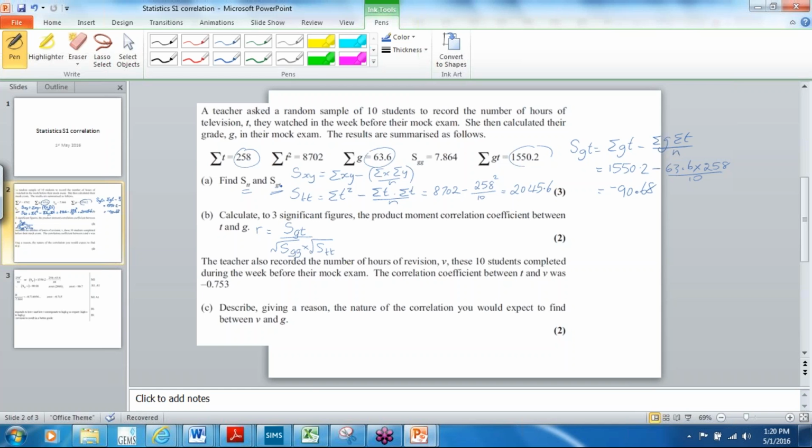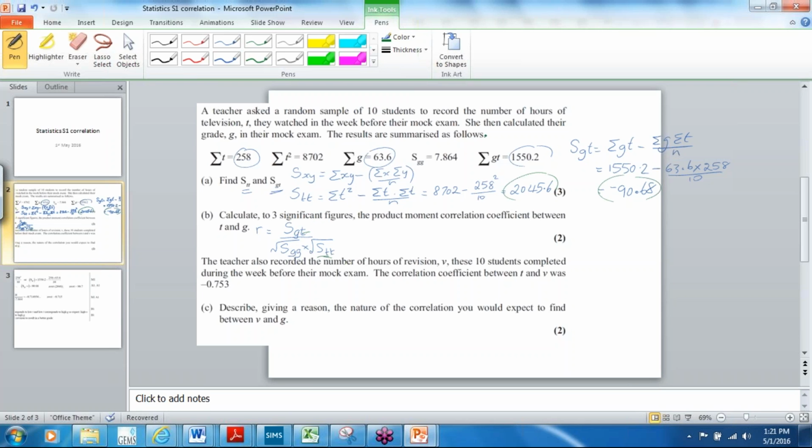So we've done part A. Now that we know these two values, we can substitute this value for S of TT, and we can substitute this value for S of GT.